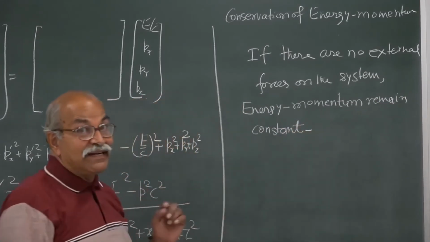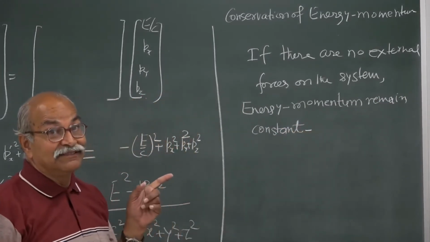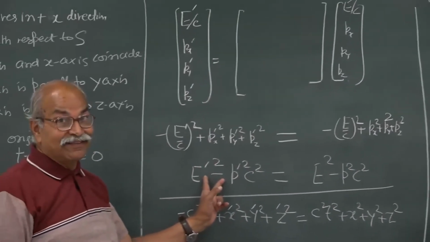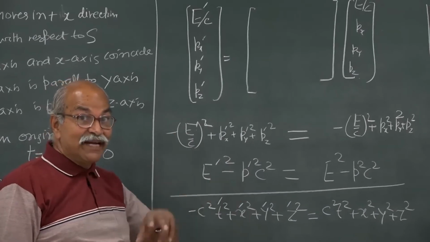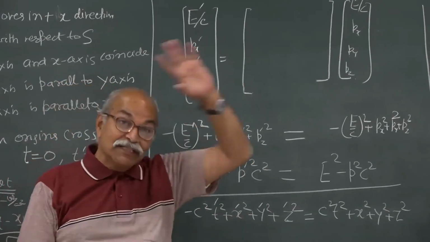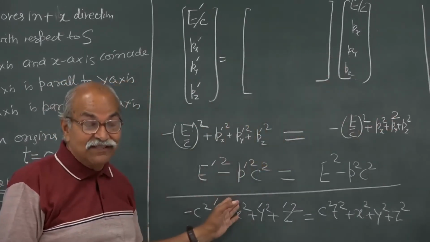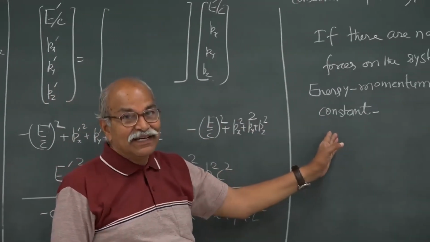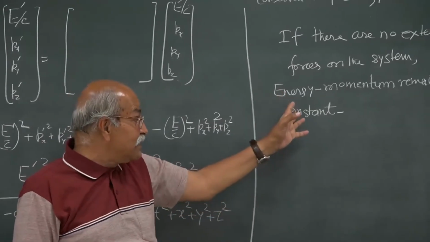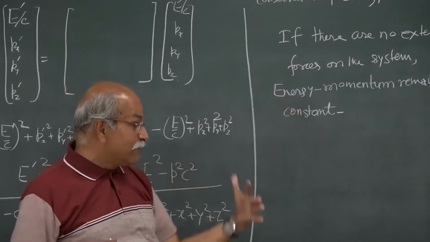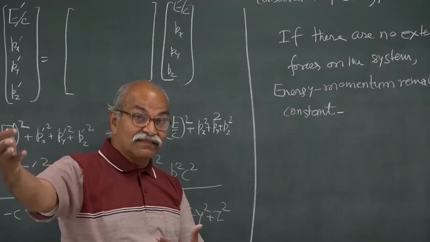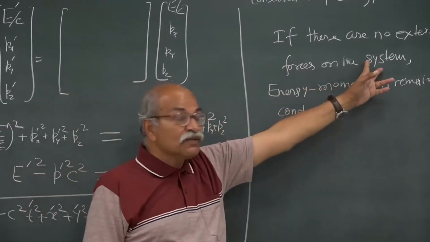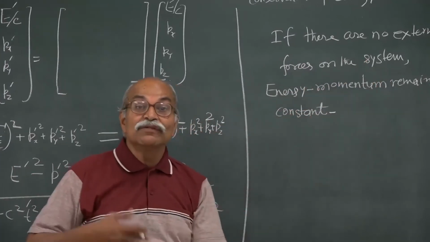Distinguish between invariant and constant. When I say that this is invariant, I have in mind going from one frame to another frame, and this quantity does not change. When I am saying this is constant, I have in mind that I am using the same frame. Time passes. The system may undergo changes.